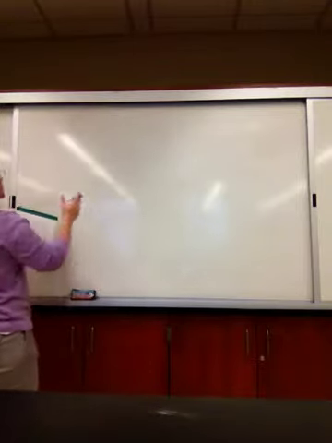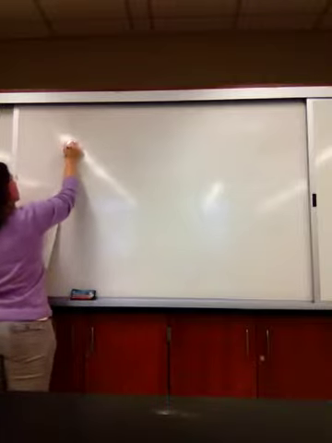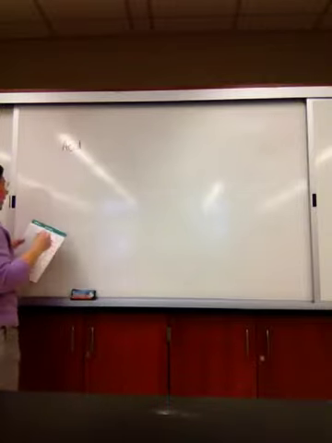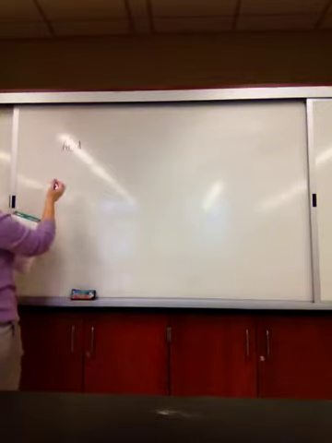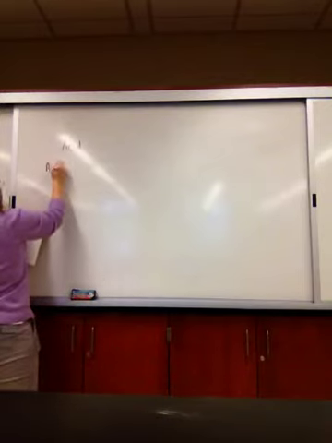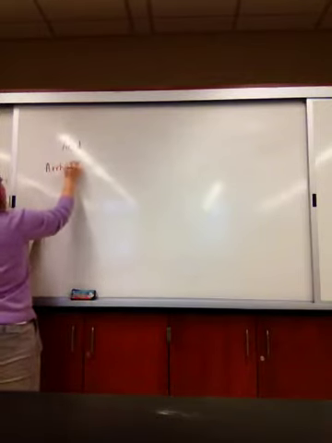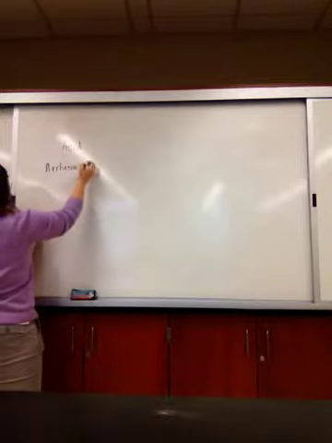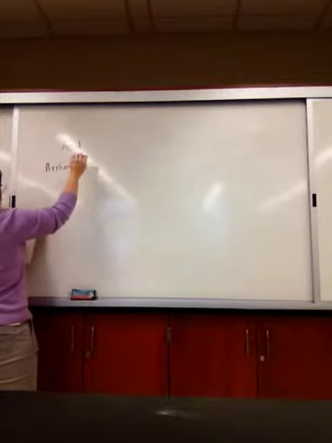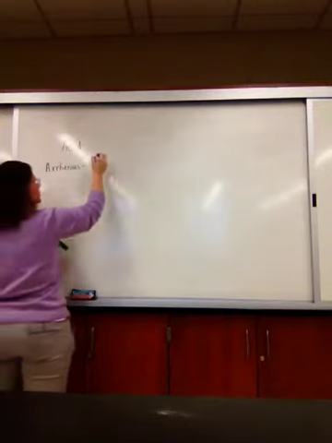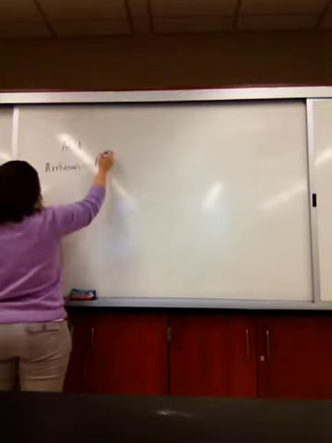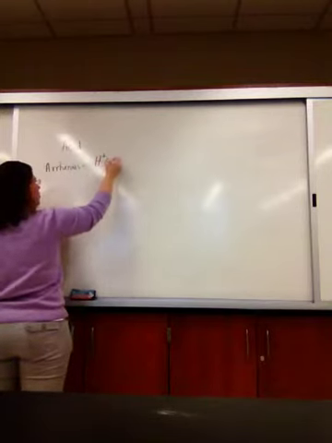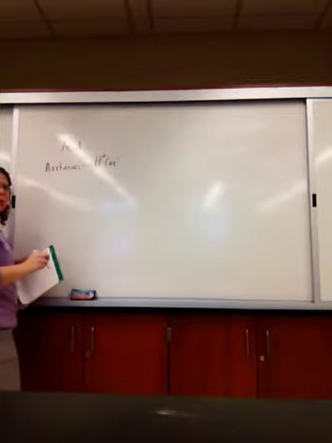So as a review, an acid can be defined in two different ways. We've got the Arrhenius acid. An Arrhenius acid is a substance that produces H+ in an aqueous solution. So it's in water and it makes an H+.